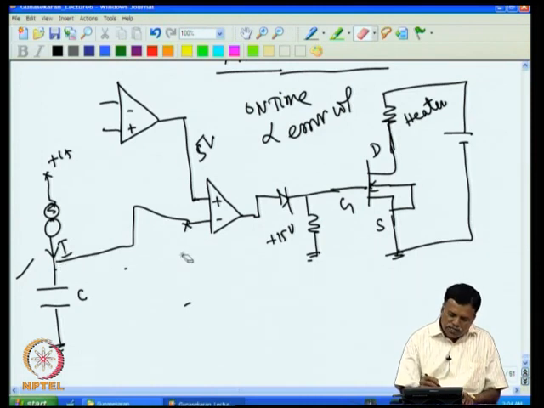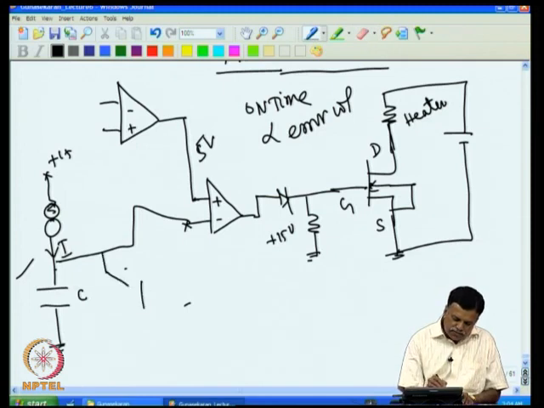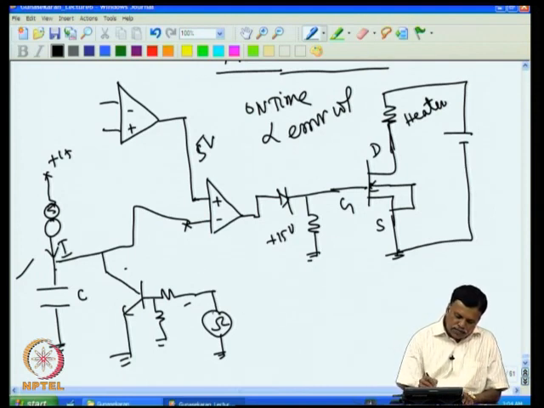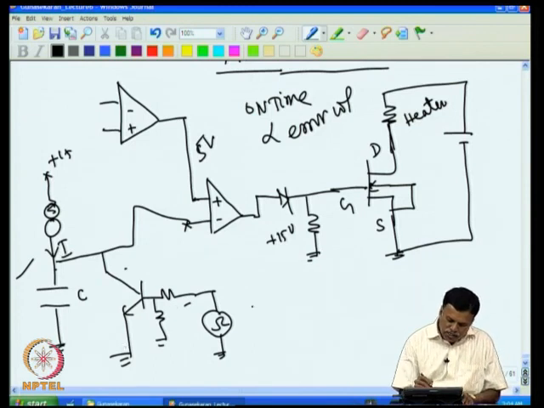I can stop this once it reaches 10 volt, or I can do it even without sensing this. For example, I can have a discharge circuit here, with a square wave generator. When a pulse comes, it will discharge.